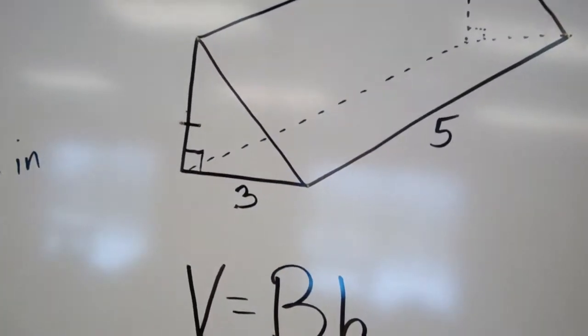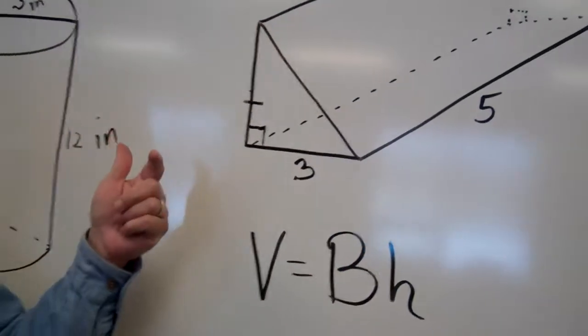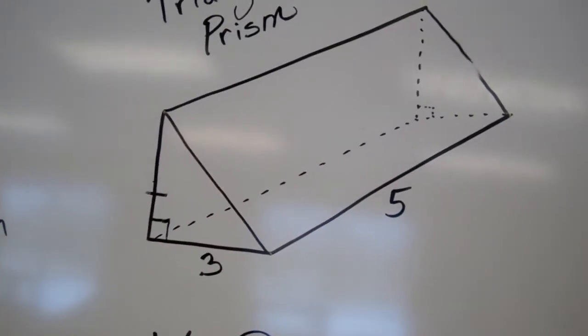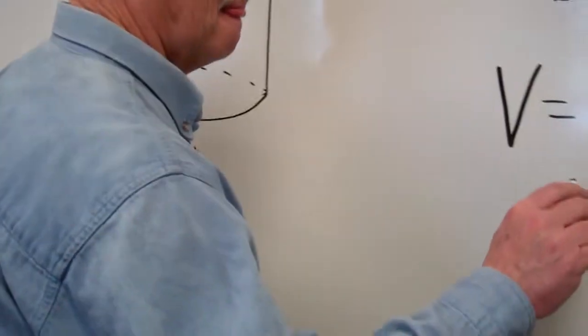So can you help me figure out, by the way, that's a little hash mark there, the area of the base? Sure. He says he can do it. Okay. It's 4.5. He says it's 4.5. Tell him how you did it. Base times height divided by 2.